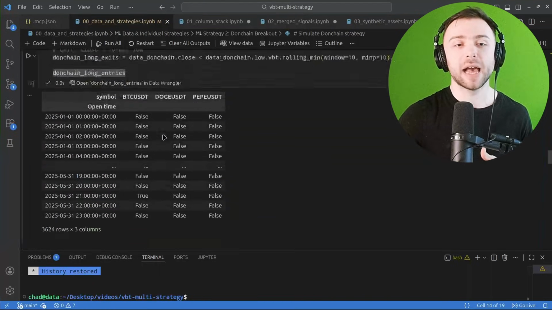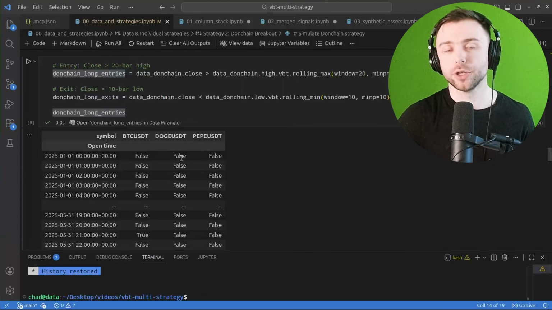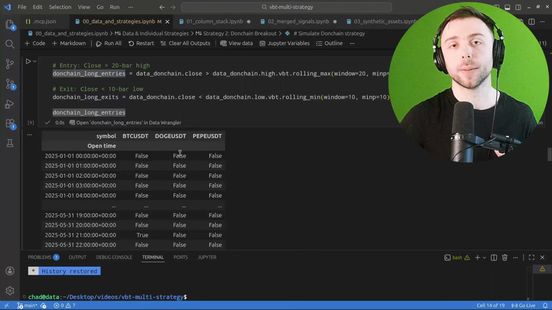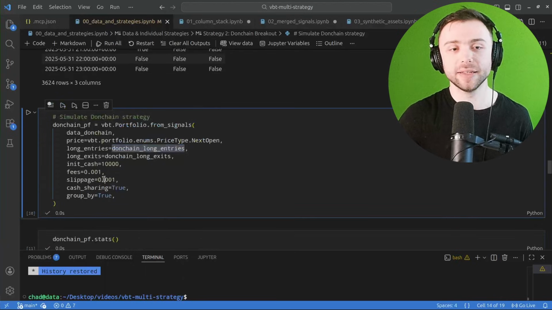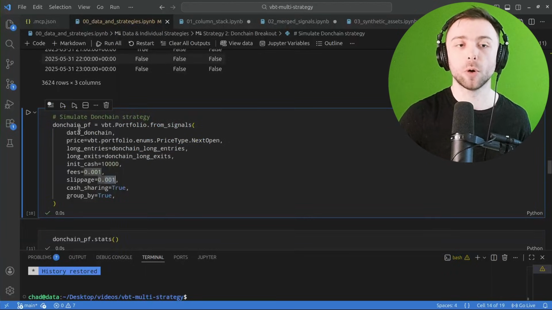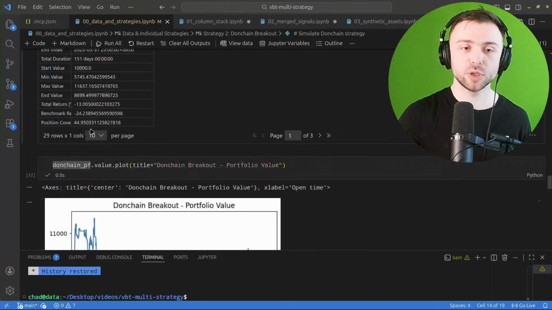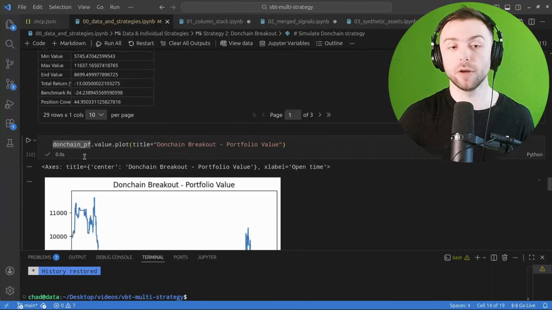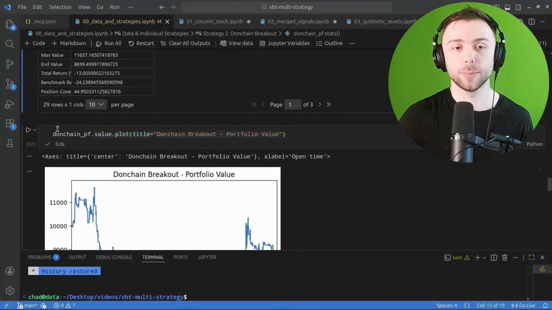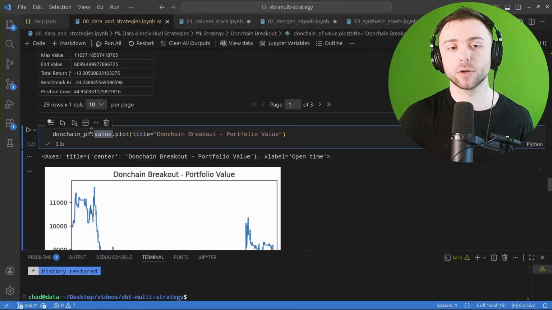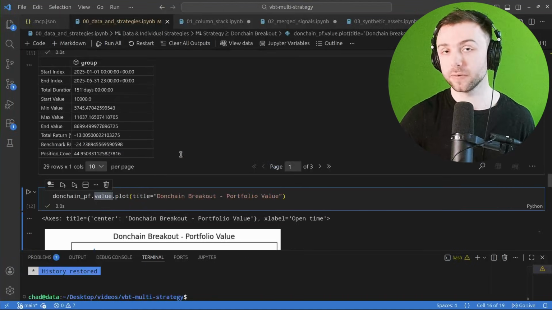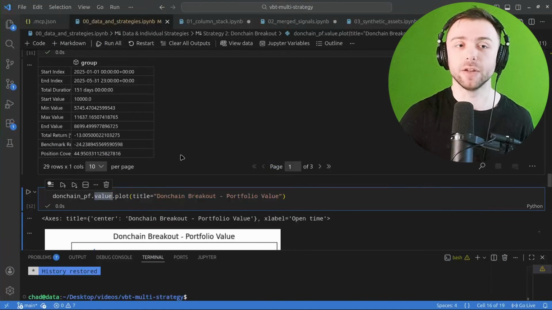We feed in our trues and falses, which correspond to the pre-computed entry and exit signals. It goes ahead and simulates that with whatever parameters we have here, and it gives us this portfolio object. Now, the portfolio object contains a bunch of stuff. So here we're plotting the portfolio value. It contains this value as a price series. So we have the value at each individual timestamp.